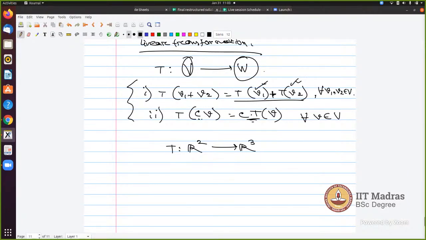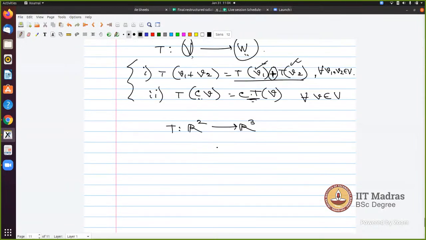So this addition is in W. The output will be in W. This is a mapping, no? So it is the domain, it is the codomain. You remember the mapping in Maths 1, right? In Maths 1 we have done this. So the left side is the domain and the right side is the codomain.